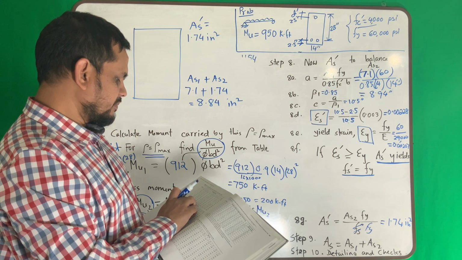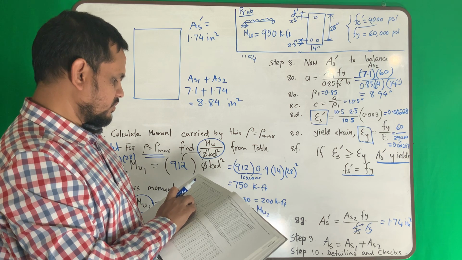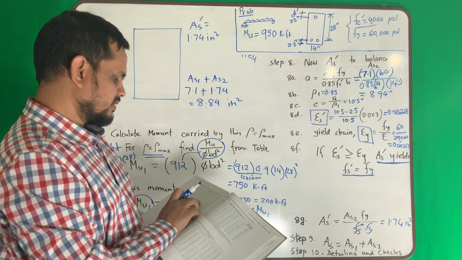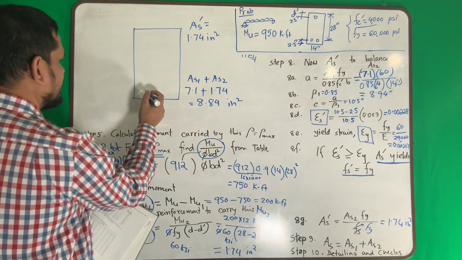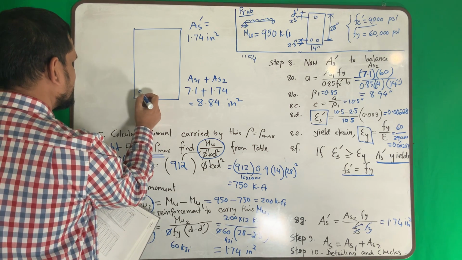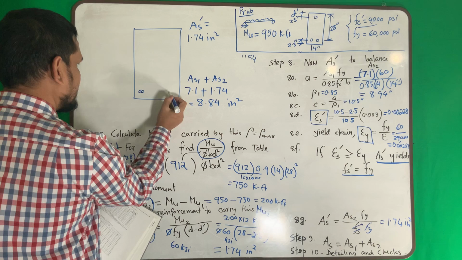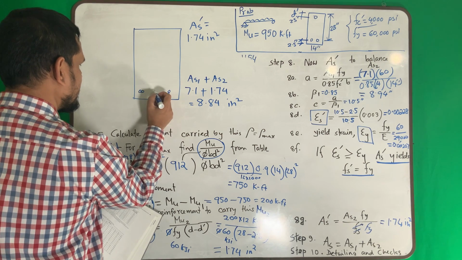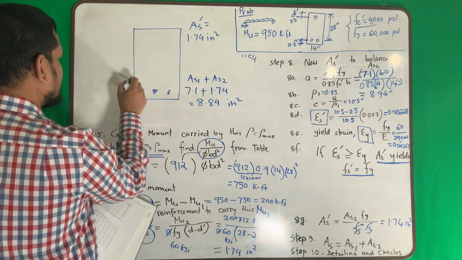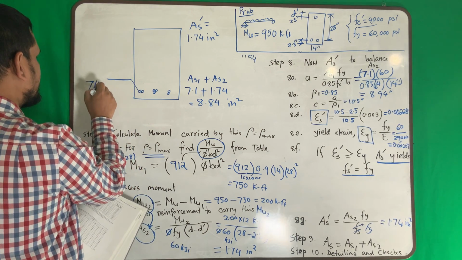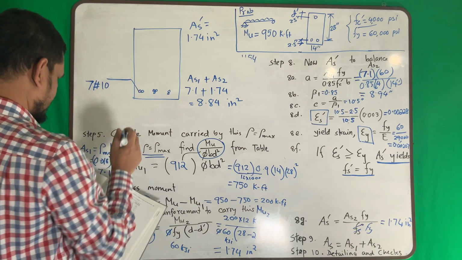Or even 4 number 14. 4 number 14 is 9. Okay, 7 number 10. So 1, maybe 2 here, 1, 2, then 3 bar here. 7 number 10.